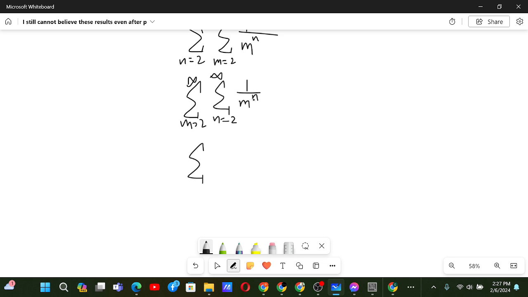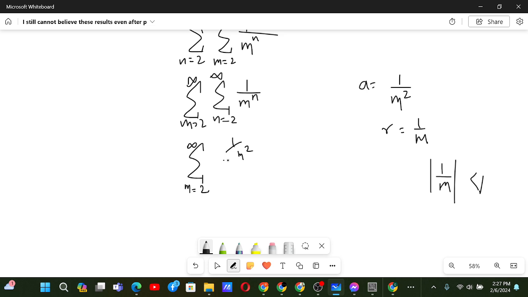Our first term will be 1 by m squared, and our ratio will just be 1 by m, and so we can calculate the sum of that geometric series going to infinity, and also the modulus of 1 by m is less than 1 because m is greater than or equal to 2. So we have a by 1 minus r.